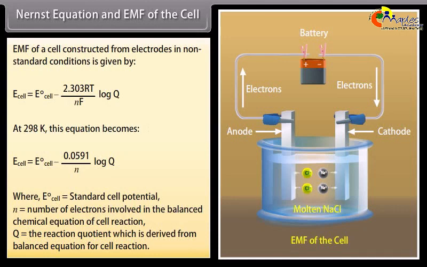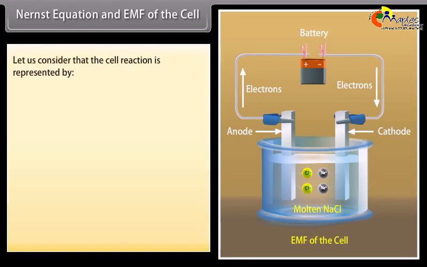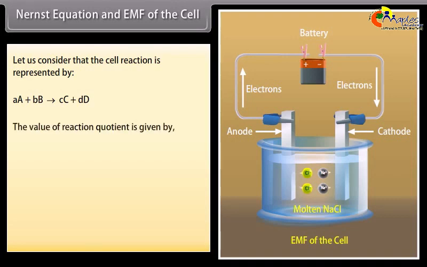Let us consider that the cell reaction is aA plus bB gives rise to cC plus dD. The value of reaction quotient is given by Q is equal to [C] raised to the power c into [D] raised to the power d divided by [A] raised to the power a into [B] raised to the power b.